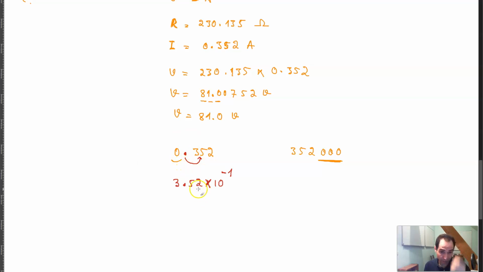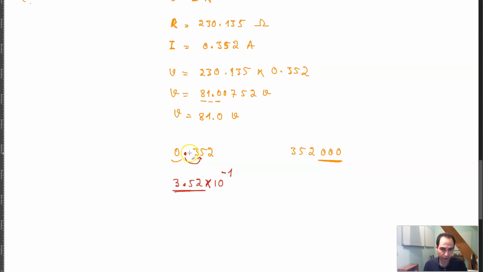And now this number, when you count the number of digits, you will get 1, 2, 3. So this number has 3 significant figures, and it's still the same number that we had before, which means that basically this 0 was just a placeholder to tell you where the decimal place goes.